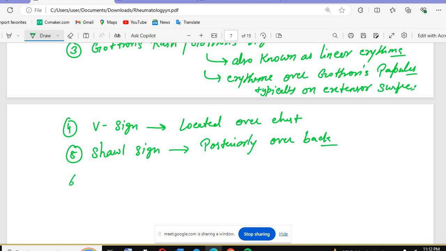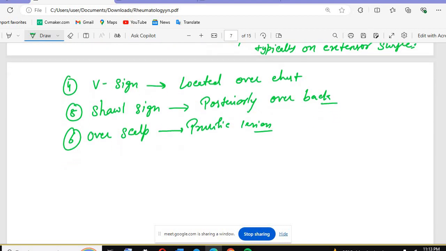Then the next one is over the scalp, where you will see pruritic lesions. So the scalp will also be involved.